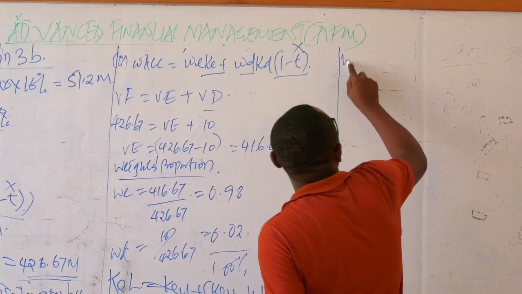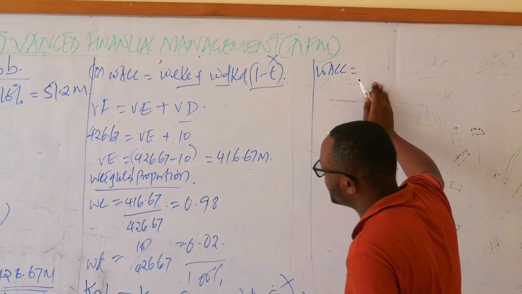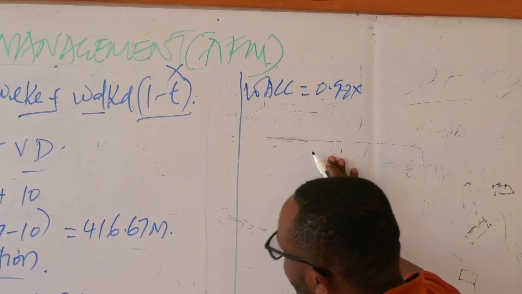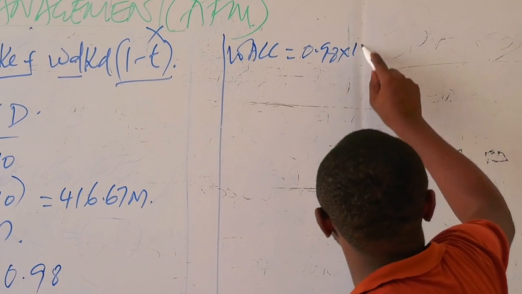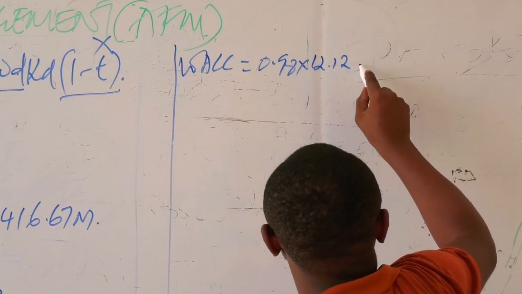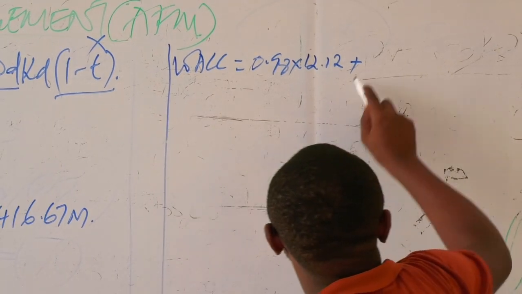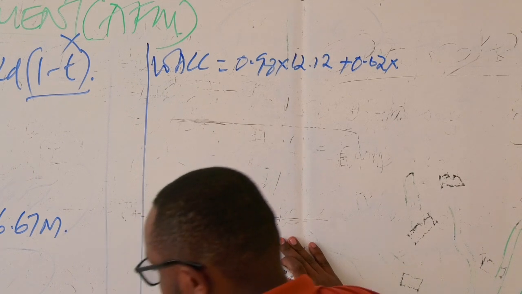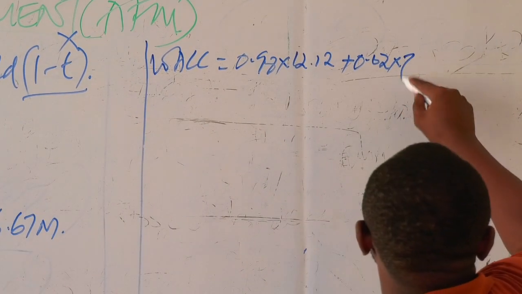So for WACC, we say WACC is equal to weight of equity, which is 0.98, times cost of equity, which is 12.12, plus weight of debt, which is 0.02, times cost of debt, which is 7.